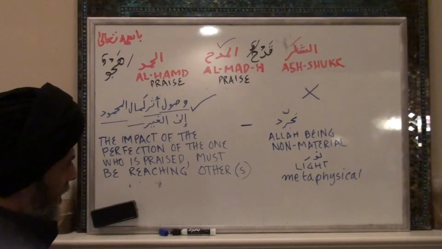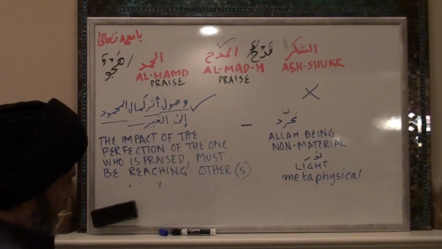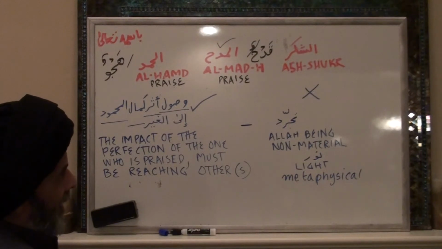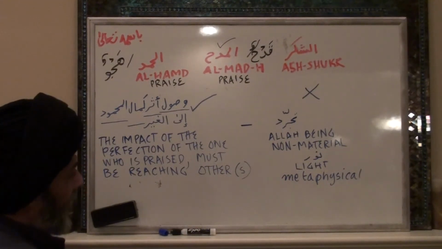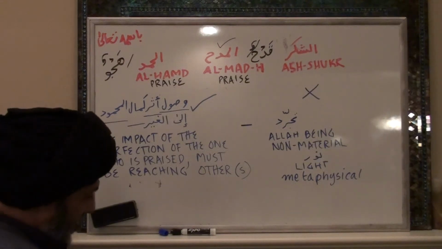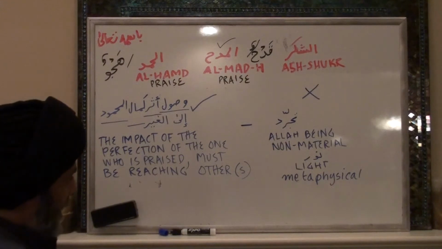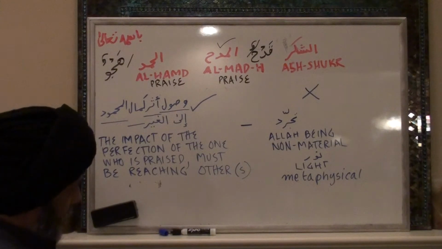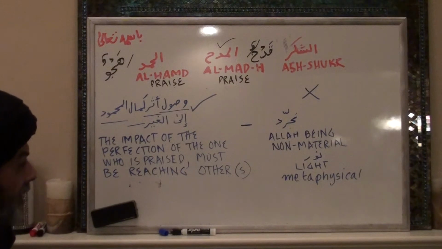So Allah being mutajarrid or mujarrad anil madda is a non-material entity. This is a perfection of Allah. Being material is a sign of being non-perfect, because matter is dependent, right? Whereas nur is not dependent.